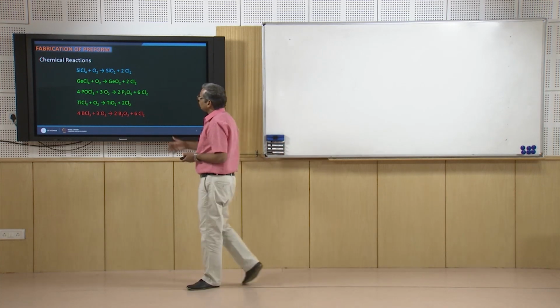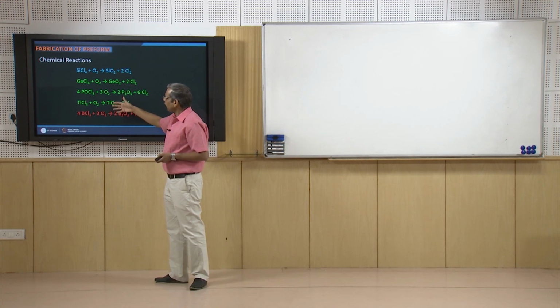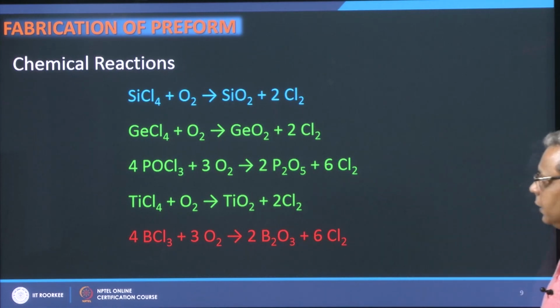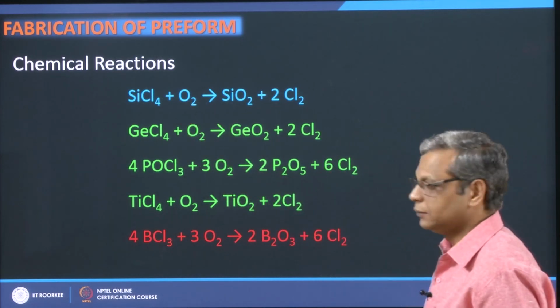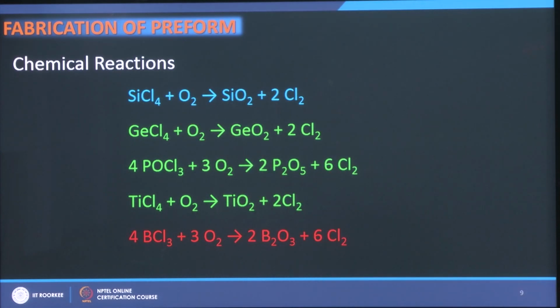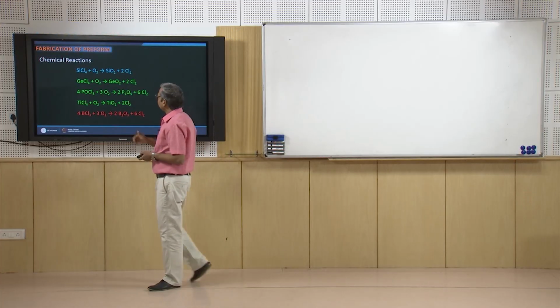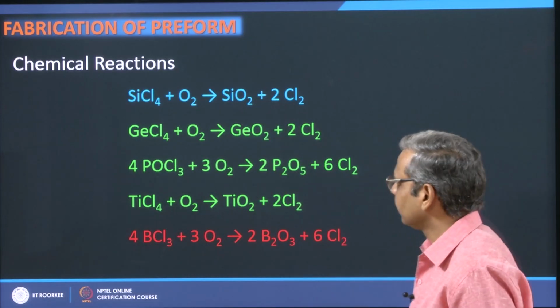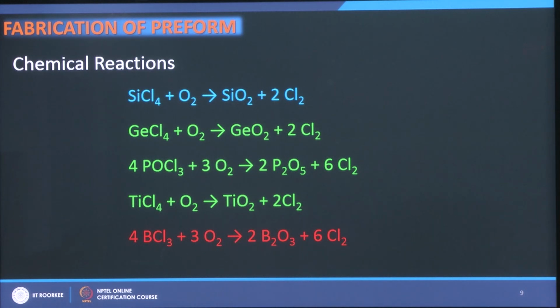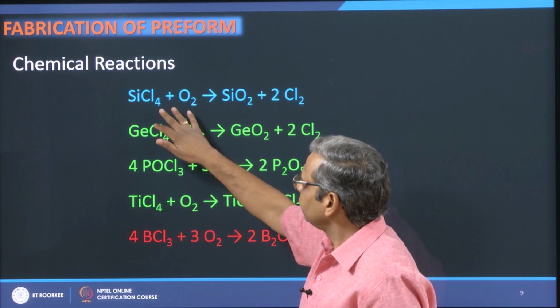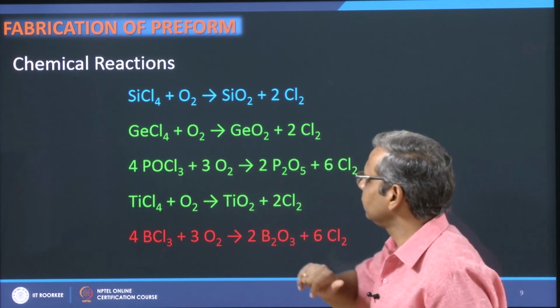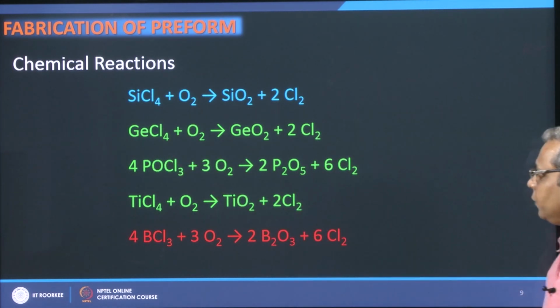So this is how glass and doped glass can be made. You take SiCl4 and oxidize it at a certain temperature, then you make silica glass. If you want to make doped glass, then along with SiCl4 you mix a little bit of germanium also, in the form of GeCl4, and then oxidize it.